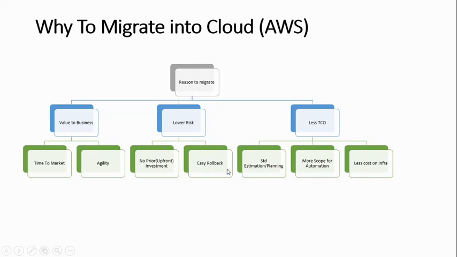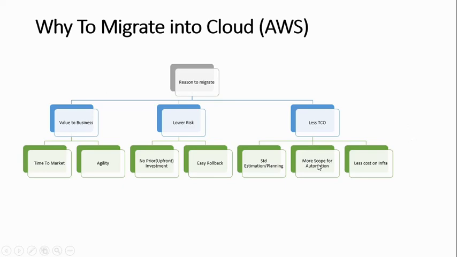Rollback you have in your own control. You can do standard estimation planning. Your plan cannot or should not move across the budget. You have total control on that thing, whereas when you are trying to create an on-prem data center, you often cross the budget.